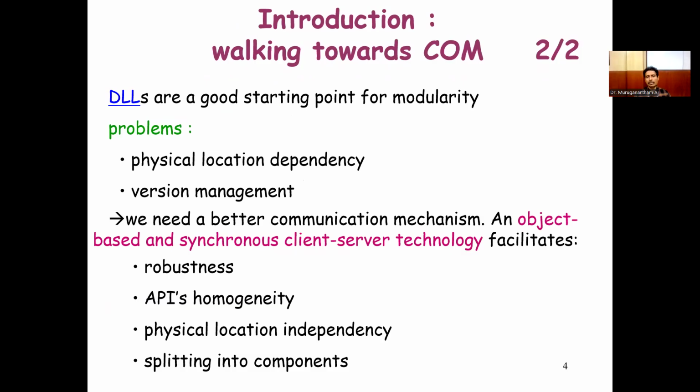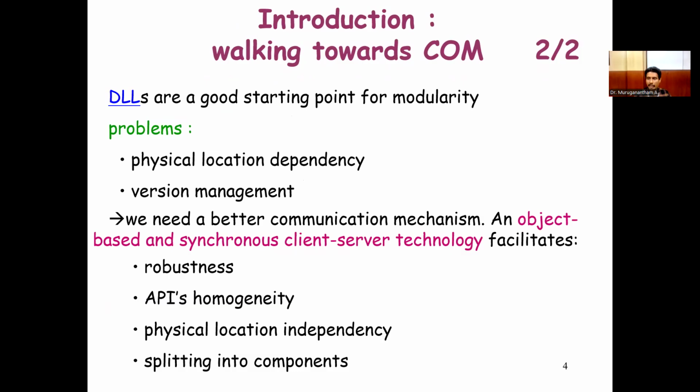Before getting to COM, one of the mechanisms they used is DLL, the Dynamic Link Library, which is how we link code dynamically. It was one of the earlier mechanisms used by Microsoft. But the problems of DLL files are physical location dependency as well as version management.